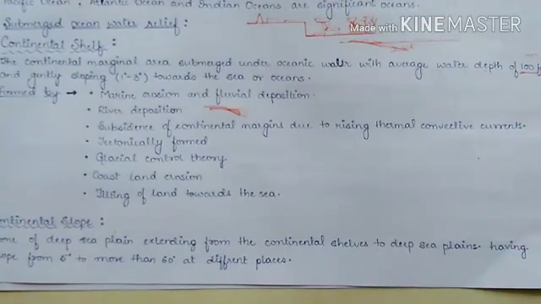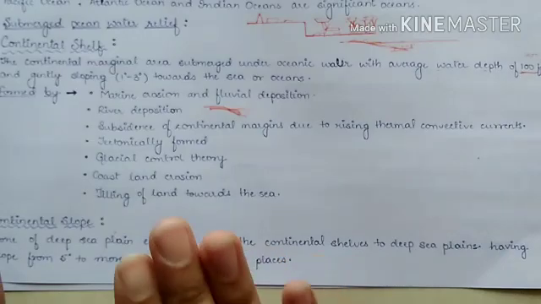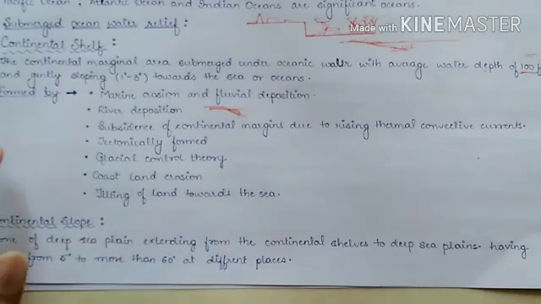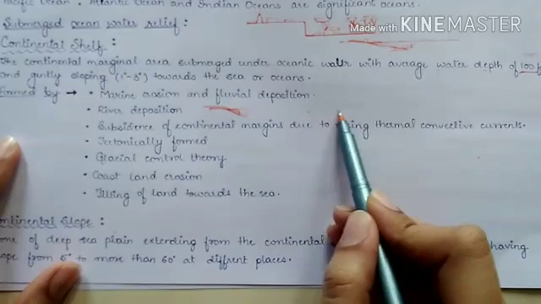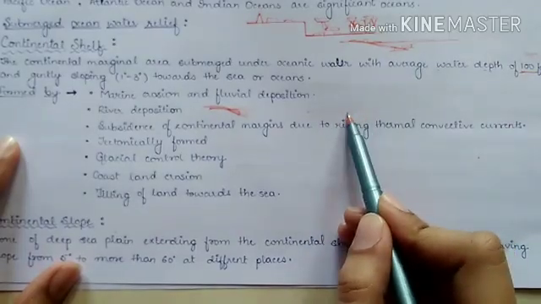Next we have subsidence of continental margin due to rising thermal convective current. Now what happens? The rising thermal convective currents that are formed beneath the ocean basin and continent converge along the continental and ocean boundaries. So this is the continental boundary and this is the oceanic boundary.